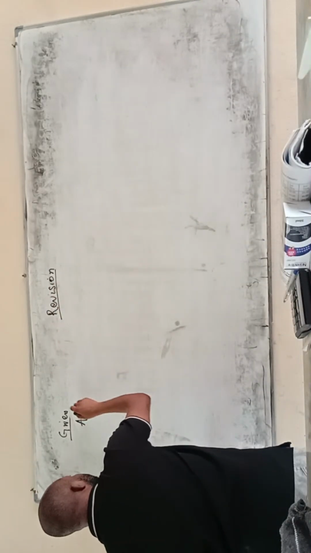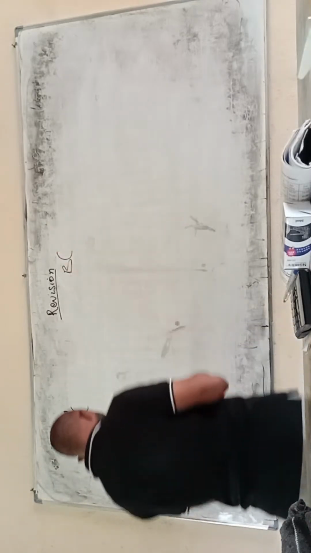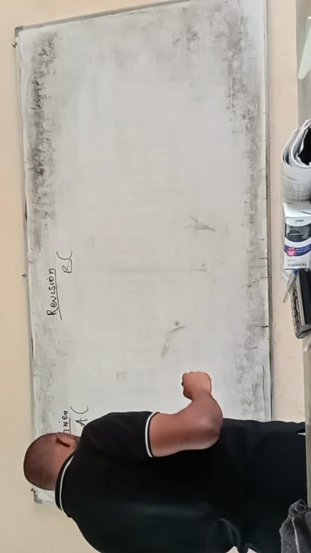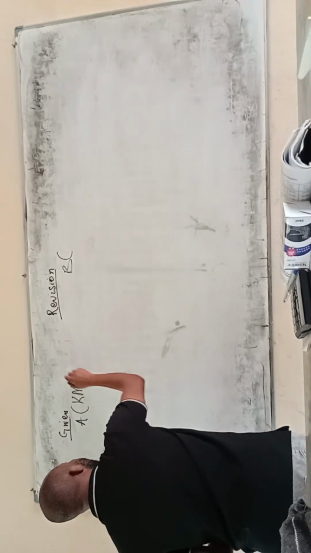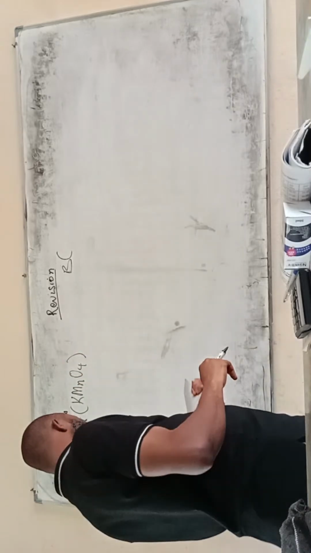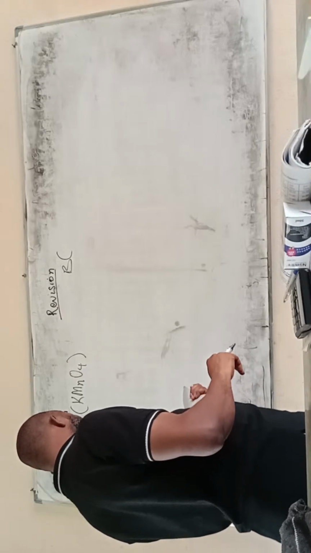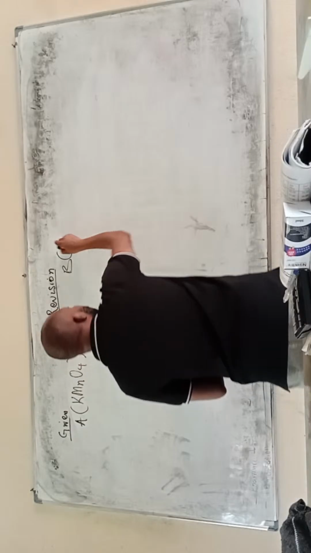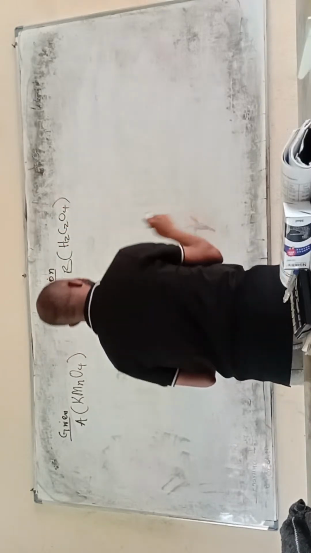This is A, and this is B. A is a solution of KMnO4. B is 0.02 mole per dm cube of ethane dioic acid. So here is H2C2O4, ethane dioic acid.